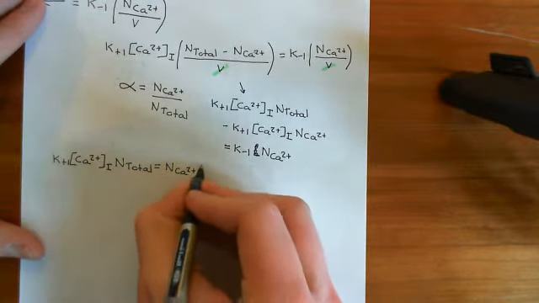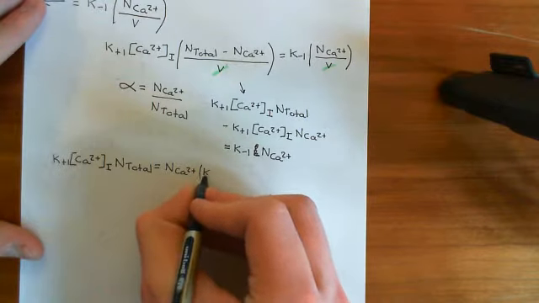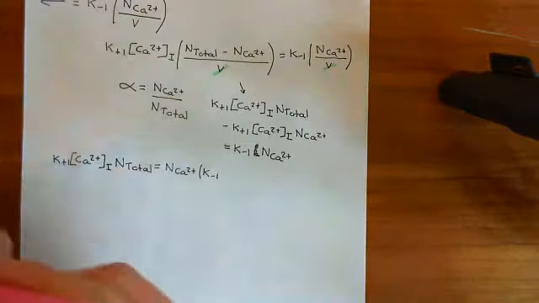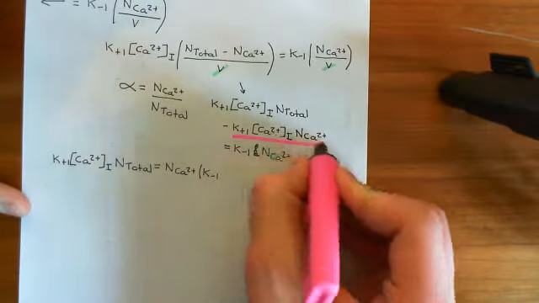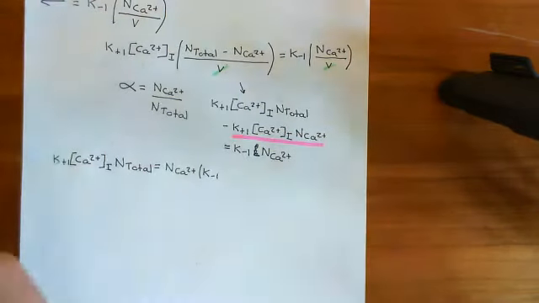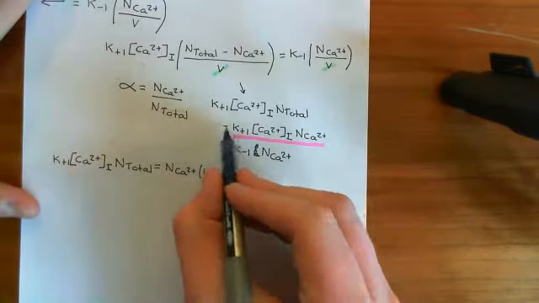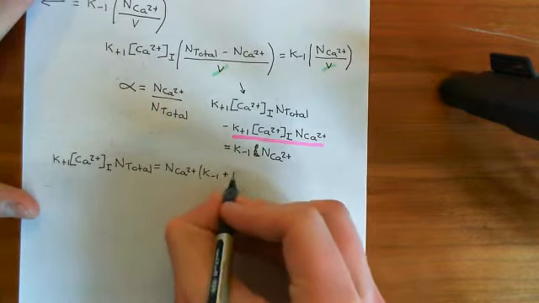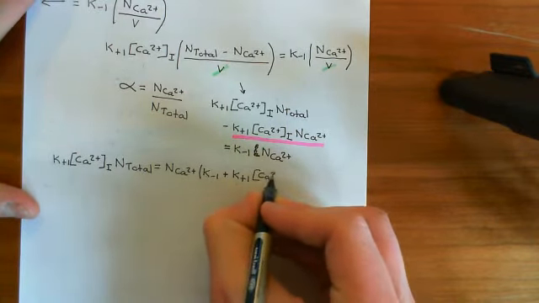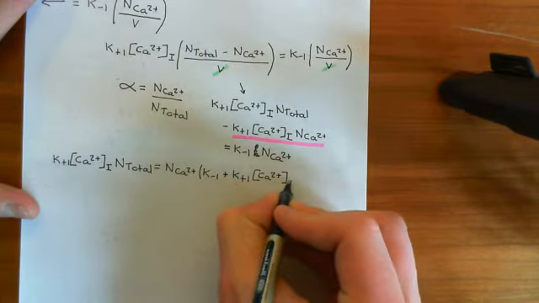So I'll get NCA2+ times the negative rate constant here, and now I've brought this portion, which I'll underline in purple here, over to the other side. I'm factoring this out. When I bring this over to the other side, it's going to become a positive, so we're going to have plus K plus 1 times the intracellular calcium concentration here.